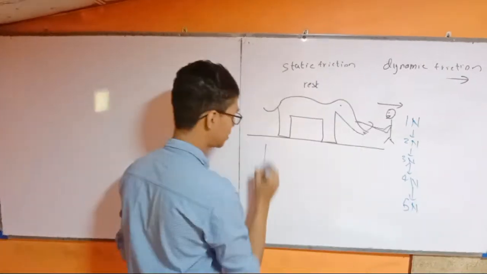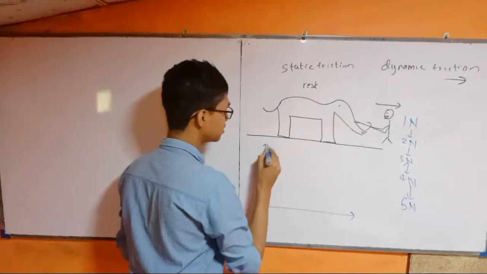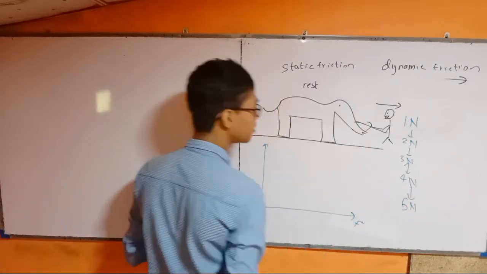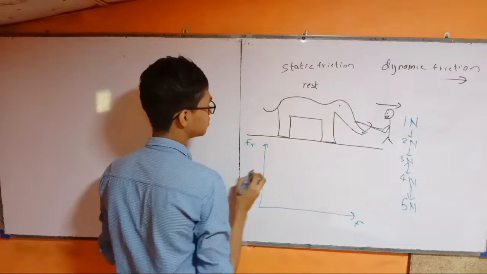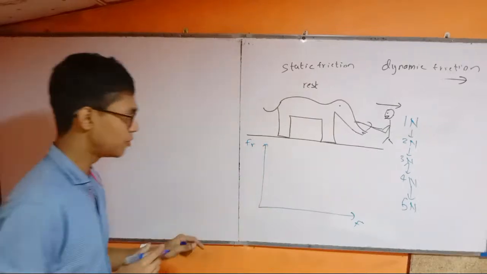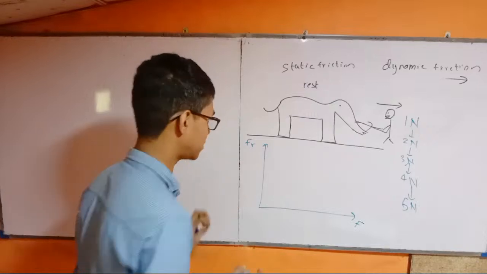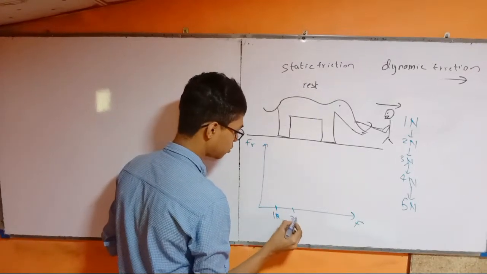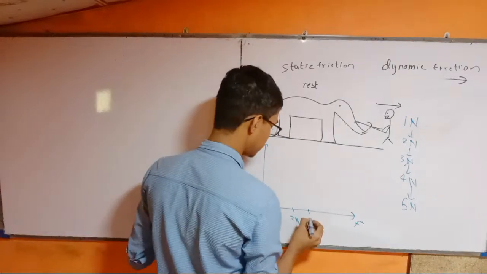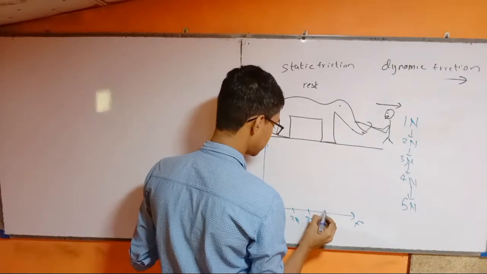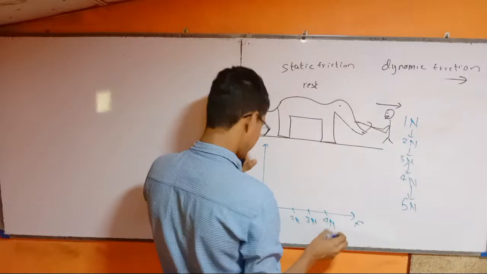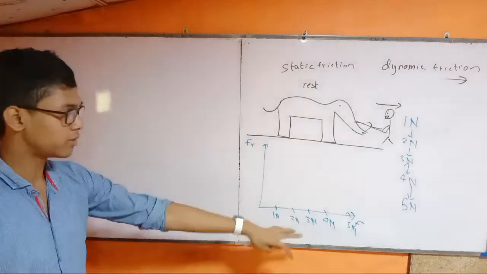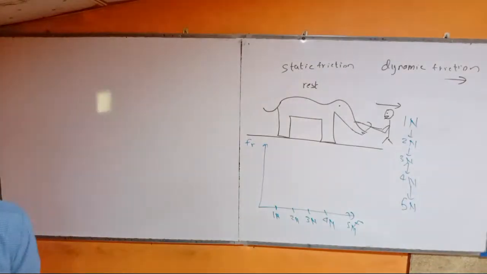Now let's see what we saw. This is the force we apply and this is the frictional force. 1 Newton, 2 Newton, 3 Newton, 4 Newton, 5 Newton. What happened?